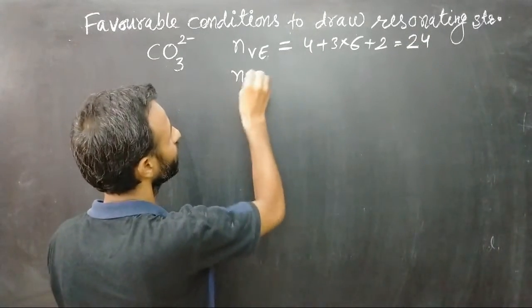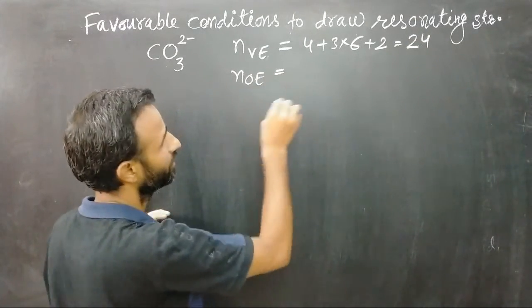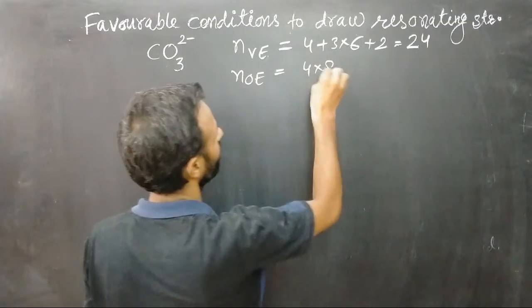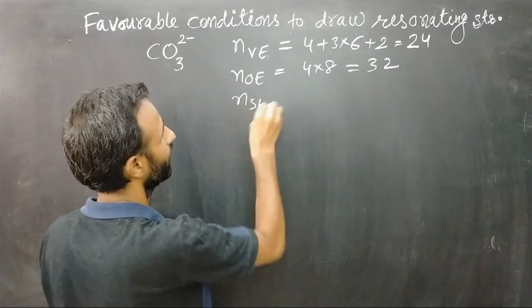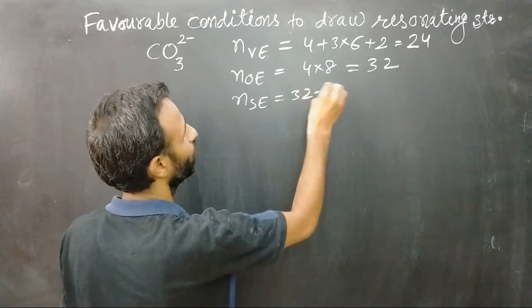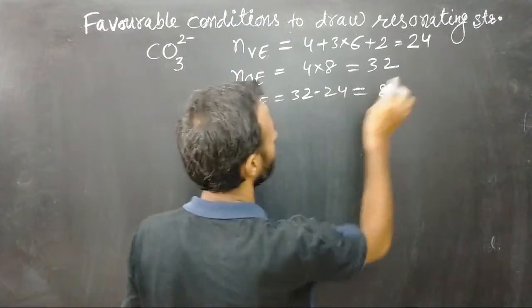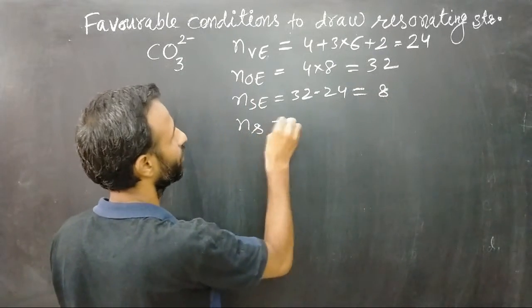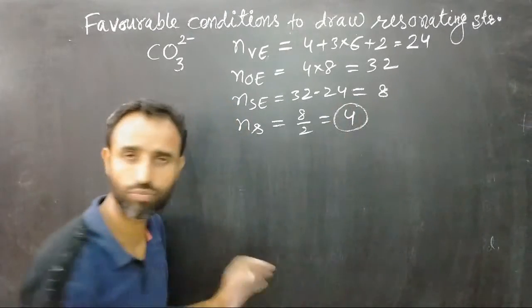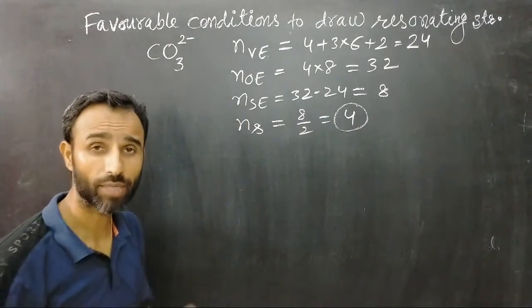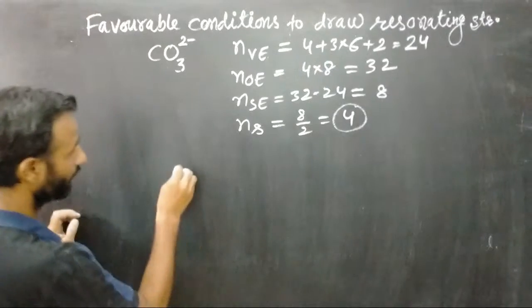The number of electrons required to complete their octet, 4 into 8, means 32. That means the number of shared electrons is 32 minus 24, that is 8. So the number of shared pairs is 8 by 2, that is 4.